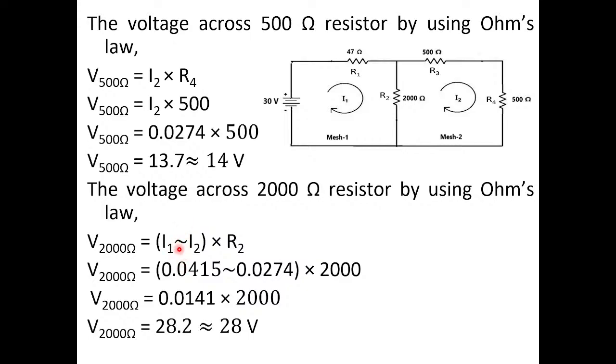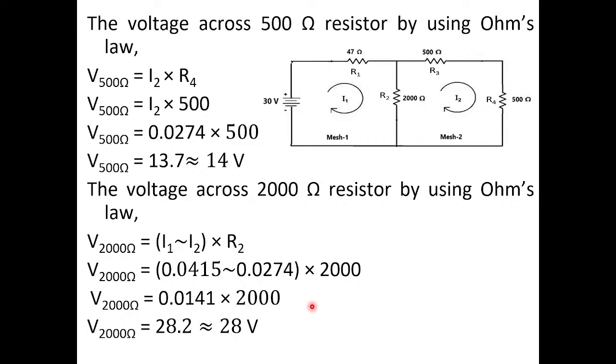I1 is 0.0415 and I2 is 0.0274. Take the difference and you get 0.0141 into 2000. Multiply and you will get 28.2. I have rounded it to 28 volts. This is the voltage drop across R2.